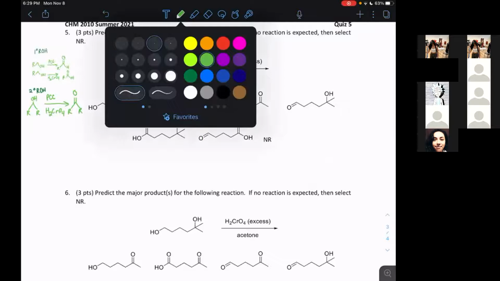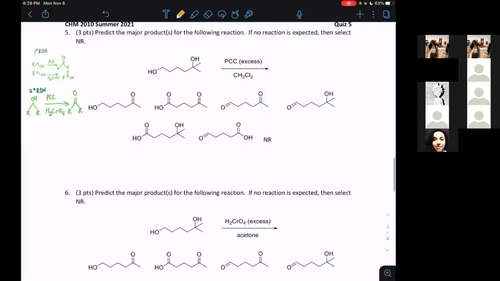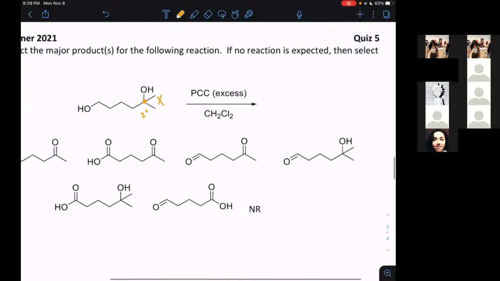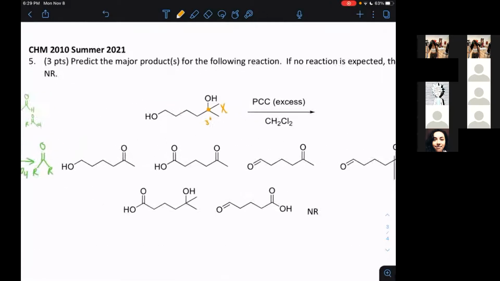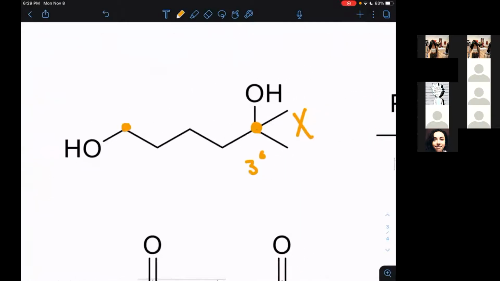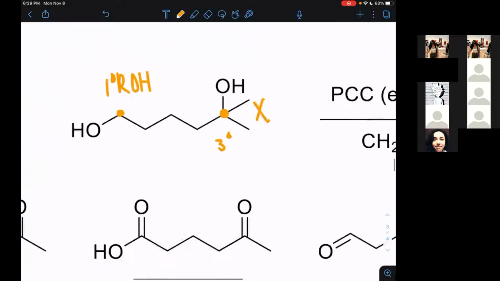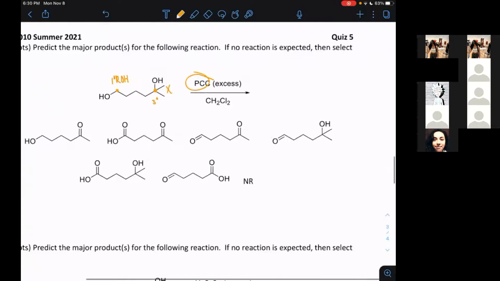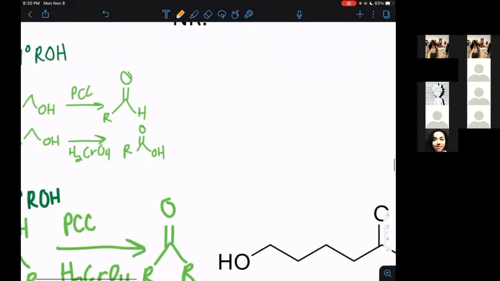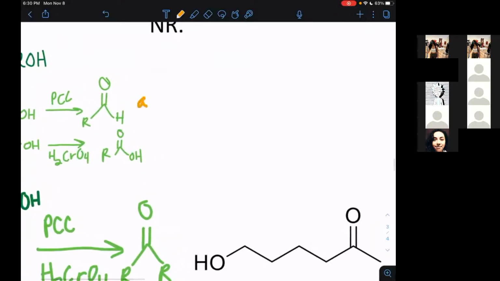So first we look at what we have. This one right here is 3 degrees, so nothing's gonna happen over here for the reaction. This is oxidation. This one is a 1 degree alcohol. And then we're using PCC, so we just look at our rule for 1 degree. It makes an aldehyde.